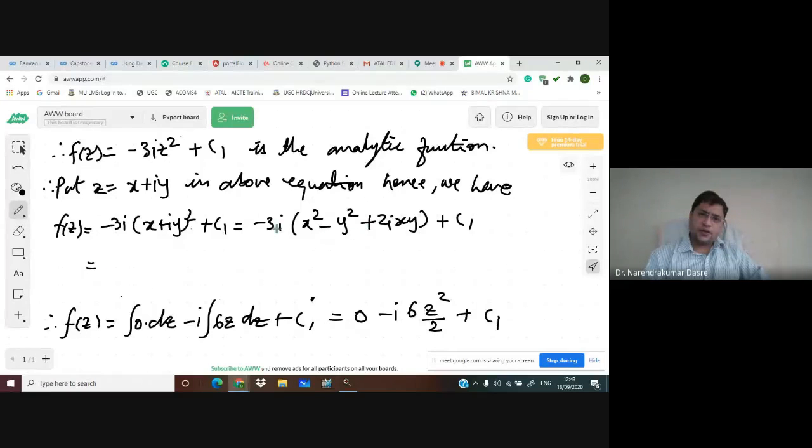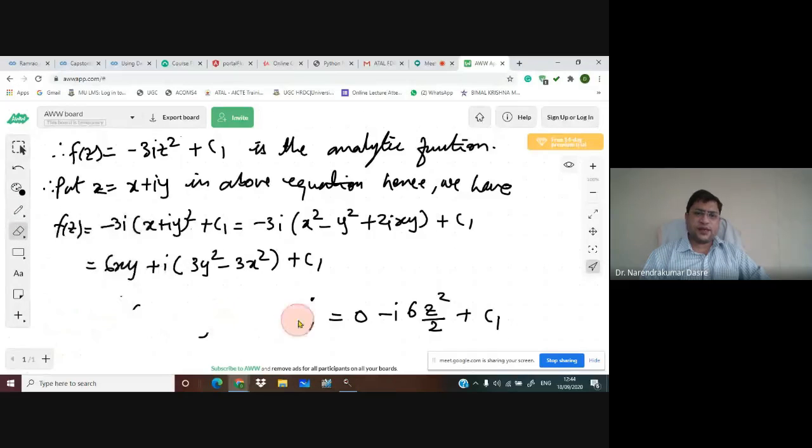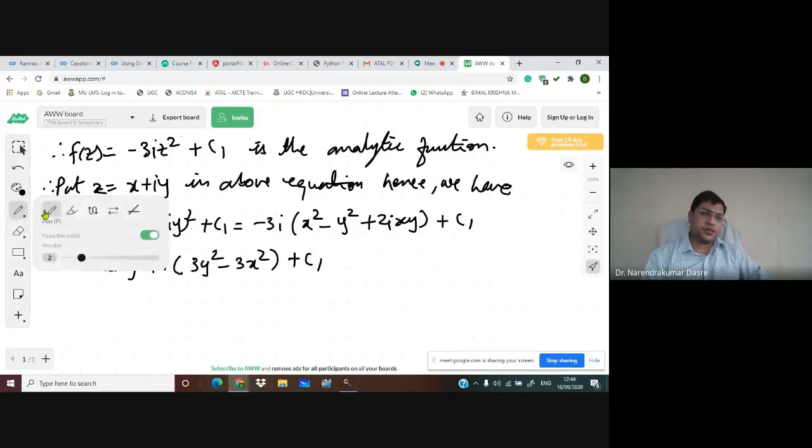So we get here 6xy, and this term, I am absorbing the minus inside, so I'll be having plus i times 3y square minus 3x square plus c. Once we get this, we have to compare the real and imaginary parts.